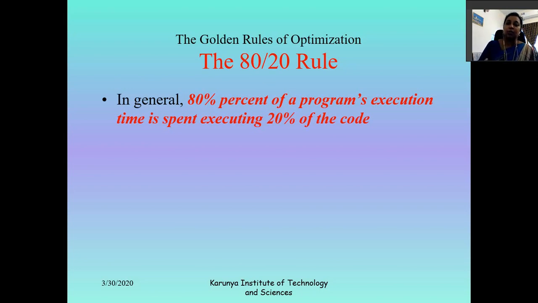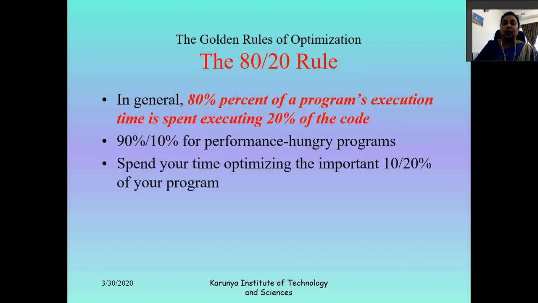So now we are supposed to sort out methods where we can improve those 20% of the code. Another study says that for a performance hungry program, 10% of the program has to undergo optimization, because that is the part which eats away 90% of the execution time.